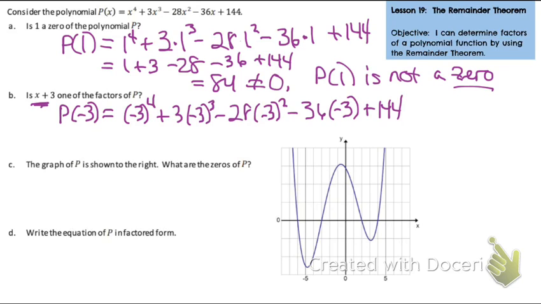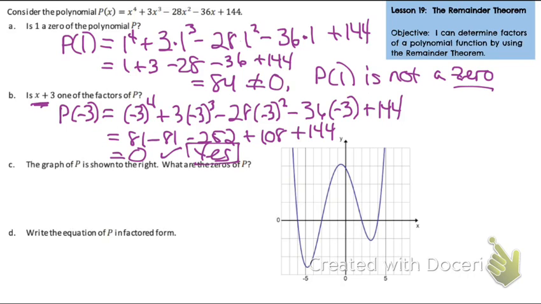Okay, and I'm going to get 81 minus 252 plus 108 plus 144. When you add all that up, you get 0, so yes, it is a 0.